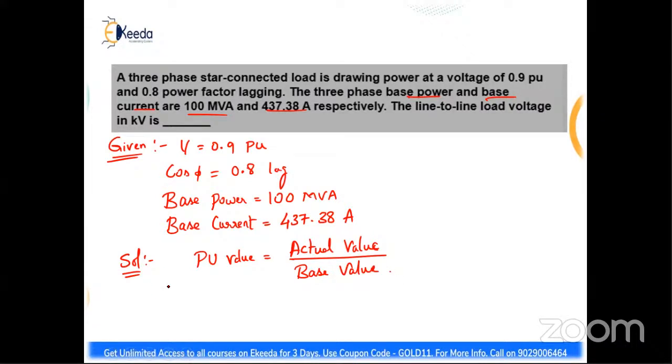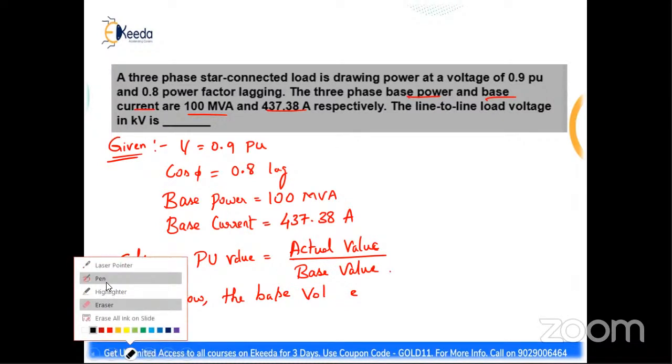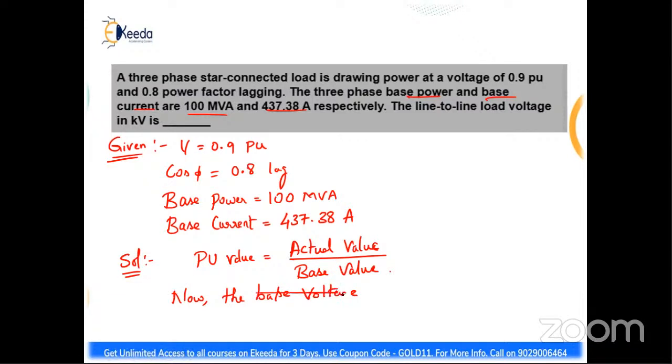Therefore, now the base voltage can be written like this: the base voltage equals MVA base divided by √3 into base current. We have studied all this formula in the previous class.